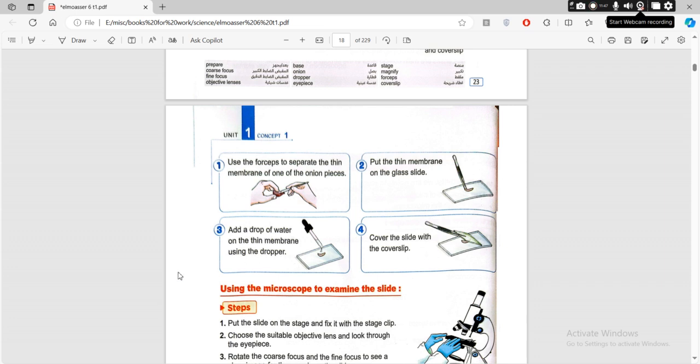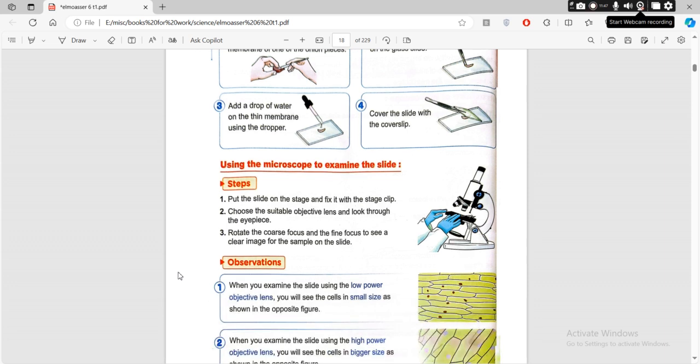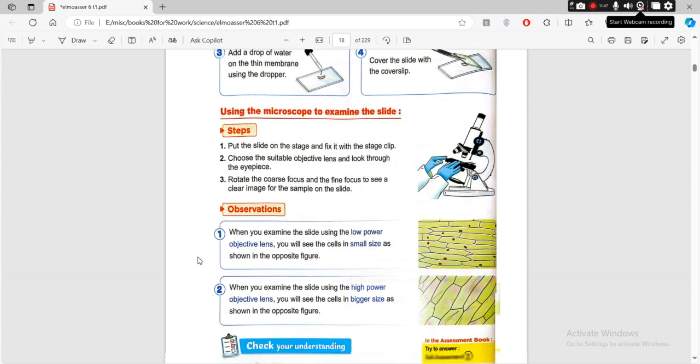You cover the slide. Then you put the whole slide on the microscope stage and fix it with the stage clip. Then you choose the proper lens to look through the eyepiece. And then you use the coarse and the fine focus to get the clear image of the cell.